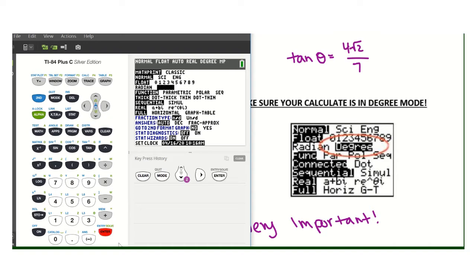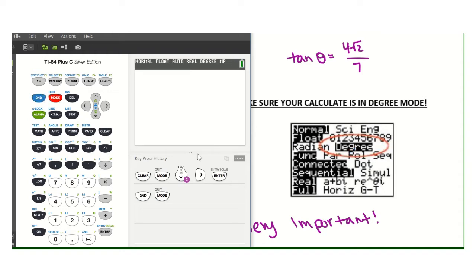Once it's blinking, go ahead and hit enter, and now degree is highlighted just like how it shows it here. Because we're calculating in degrees, we're not calculating in radians. Radians is another type of unit, and you'll go more deeply into that in pre-calculus. So now I'm going to quit out of here, and now I am in degree mode.